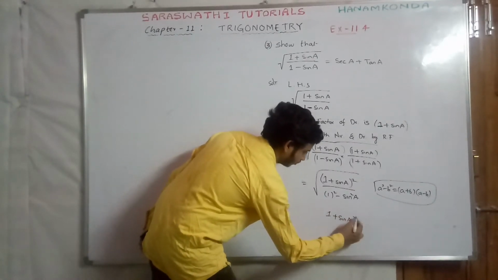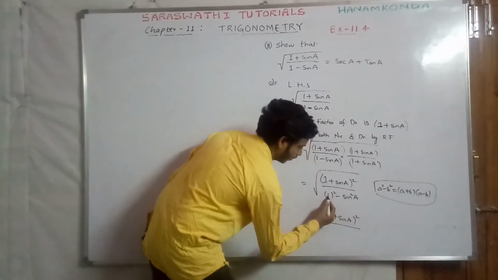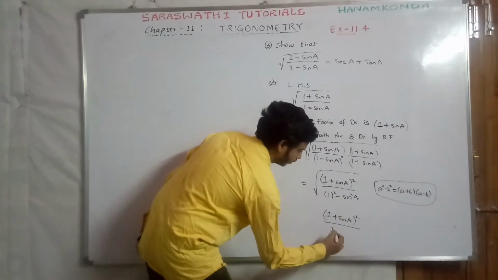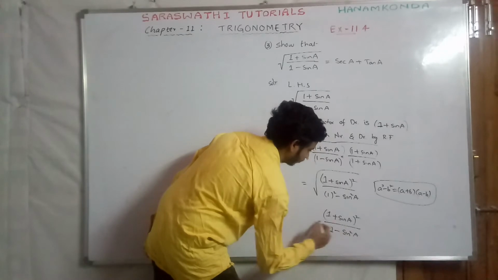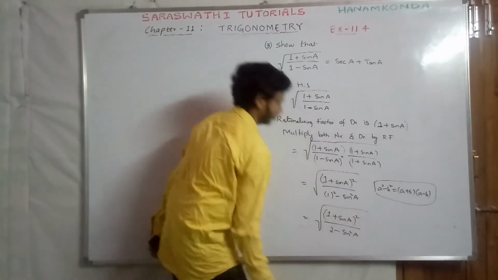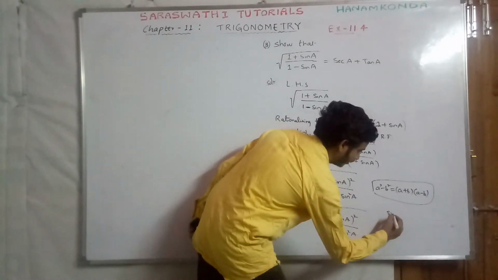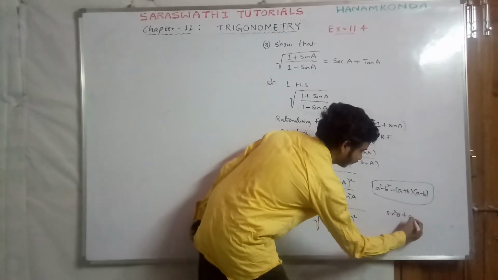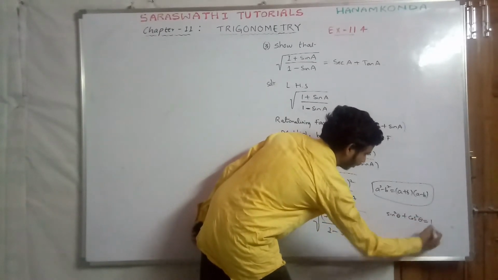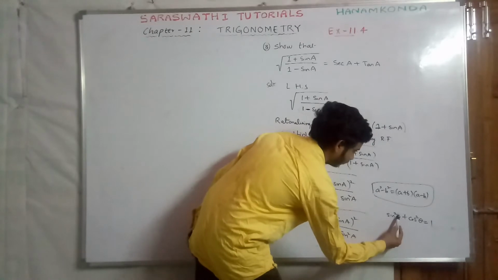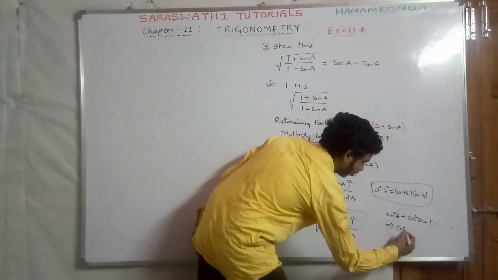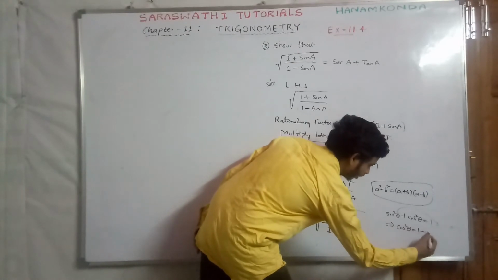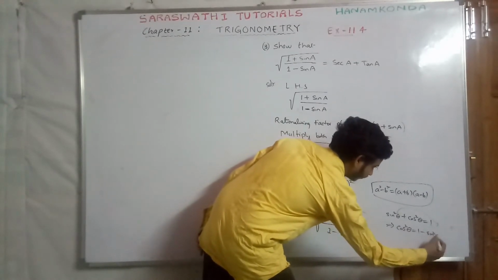So under the root, we have (1 plus sin a) whole square by 1 square, whose value is 1, minus sin square a. We know the identity sin square theta plus cos square theta equals 1. If sin square theta goes to the right side, it becomes minus sin square theta, so cos square theta equals 1 minus sin square theta.